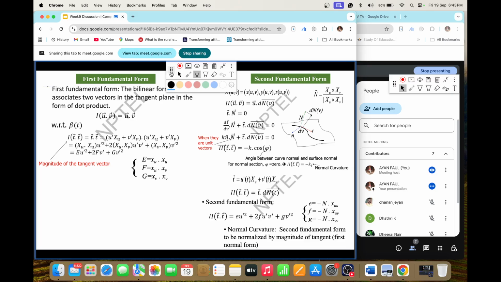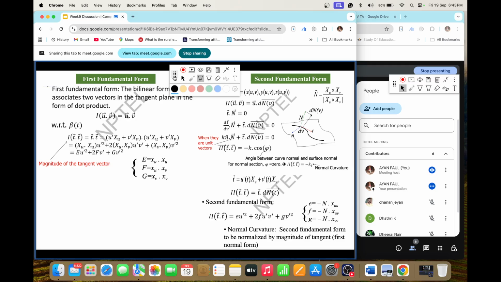The first fundamental form always refers to your intrinsic parameters, whatever you see on the surface, like calculation of length, calculation of angle, and area. These come from the first fundamental form. Whereas the second fundamental form is an extrinsic surface parameter.